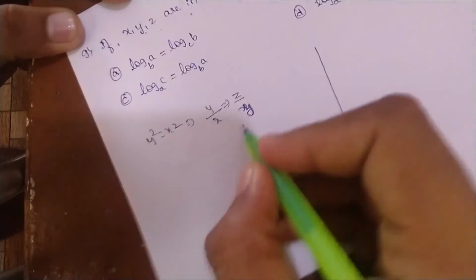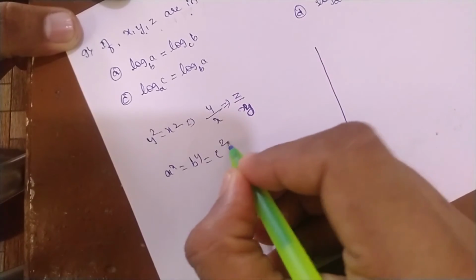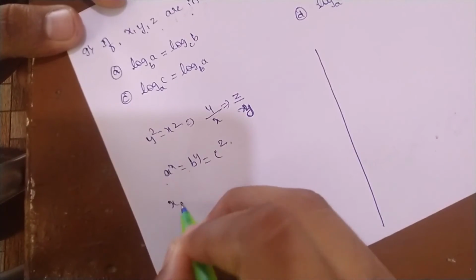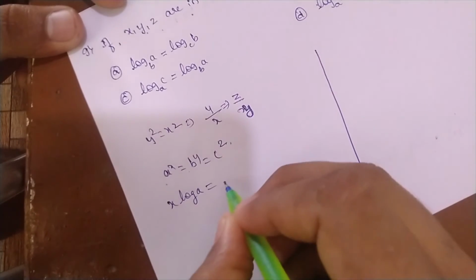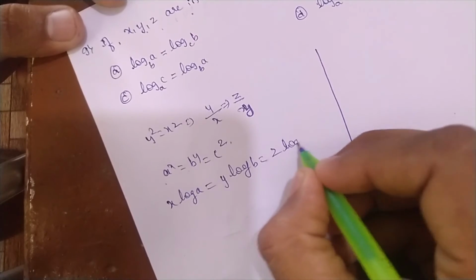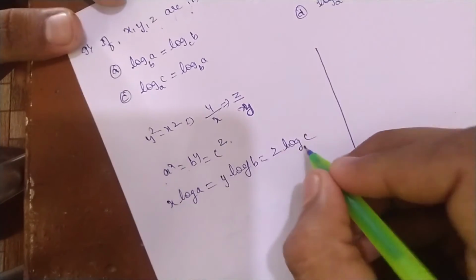So take it, a power x equals b power y equals c power z, apply log on both sides, it will become x log a equals y log b equals z log c. So we applied the power property also.